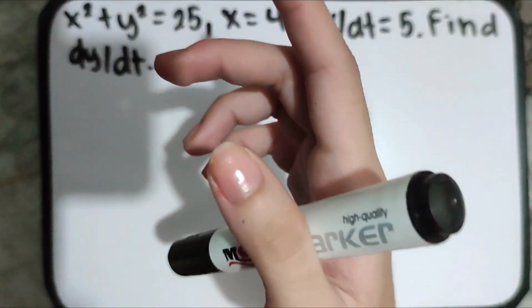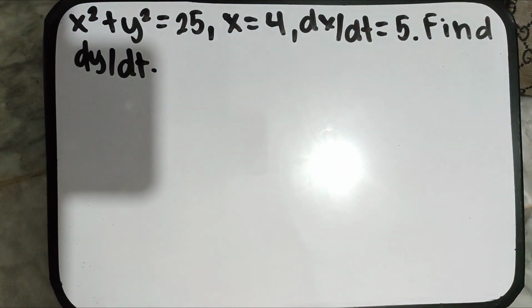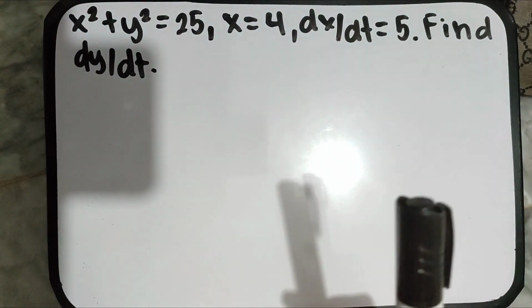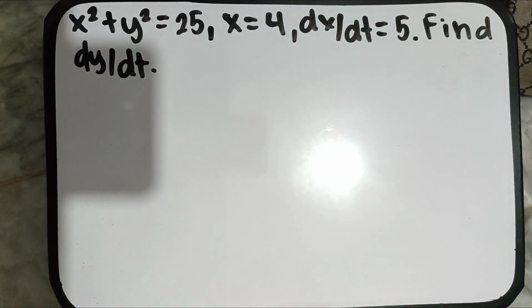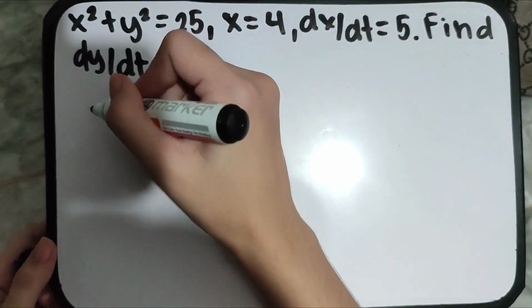x squared plus y squared is equal to 25, where x is equal to 4, dx over dt is equal to 5. Find dy over dt. So when solving related rates, the first thing you need to do is to list down all the variables. It will make solving easier. So what are the variables here?